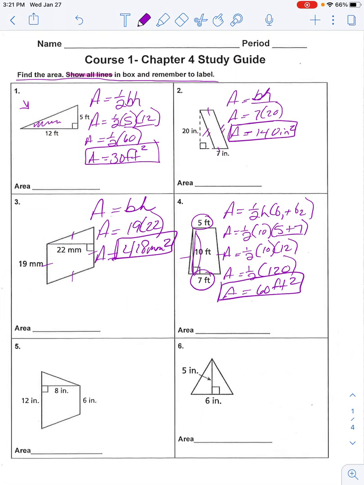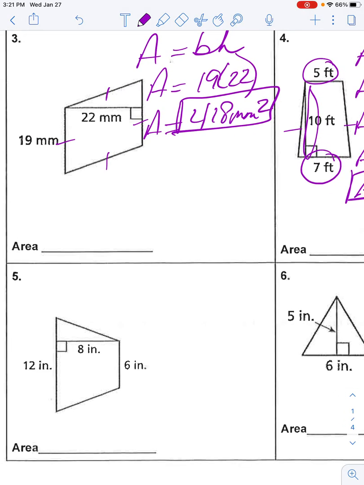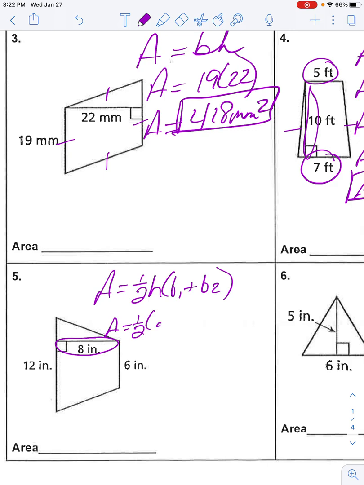Number 5, what's the shape? It's got one pair of parallel sides, so that's a trapezoid. Height is 8. Those bases are what's parallel to each other, 6 and 12, to make 18.